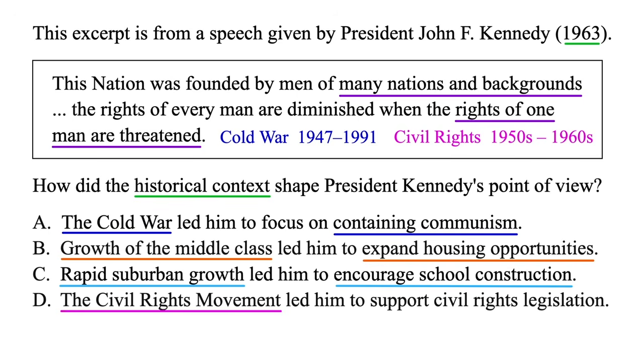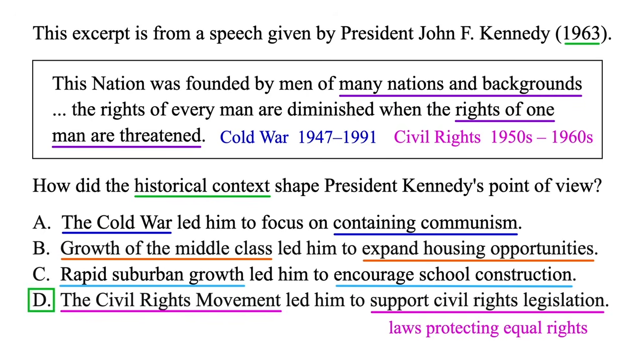But the last one, D. The civil rights movement led him to support civil rights legislation. We knew that the civil rights movement was happening during this time, and supporting civil rights legislation, that means laws. Basically, laws protecting equal rights for all people. That's what he's supporting. This sounds like the correct historical context.